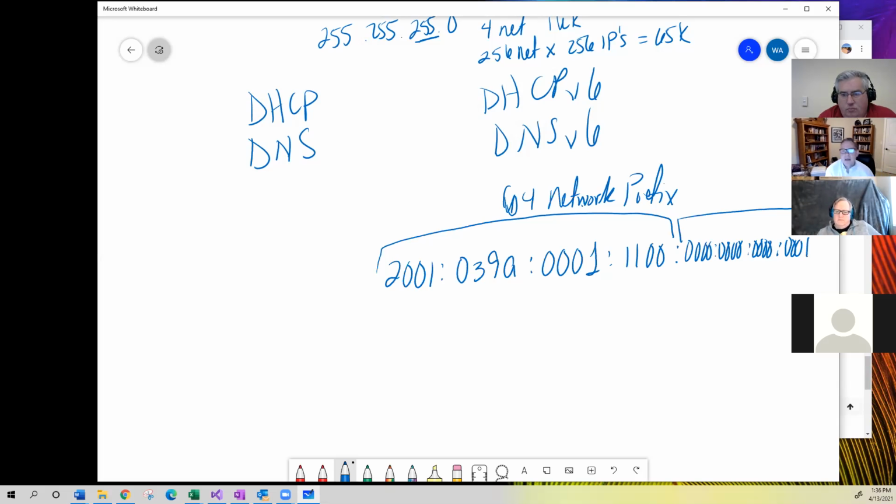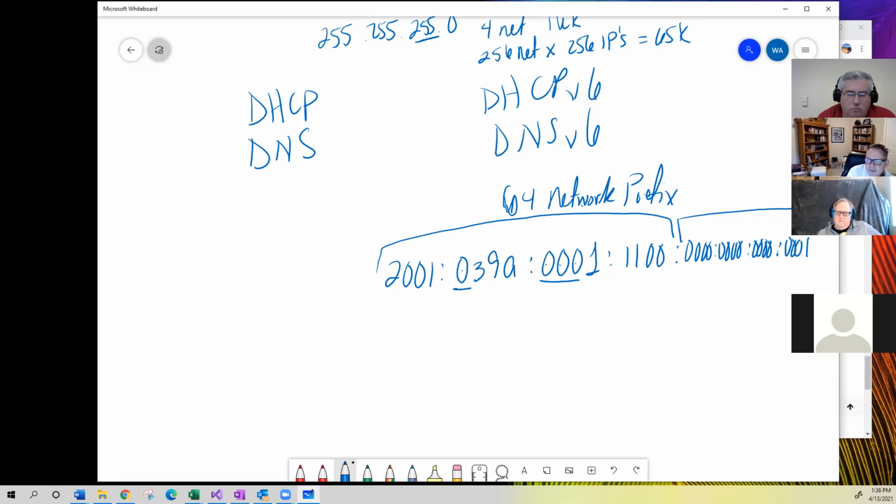There are some rules that we have to go by with IP version 6. One is that you remove leading zeros because it's a very big, unwieldy number. So you remove every leading 0. That means all these are leading zeros. This 0 right here is a leading 0. You can't remove those zeros because it's 1100, and that's part of the number.